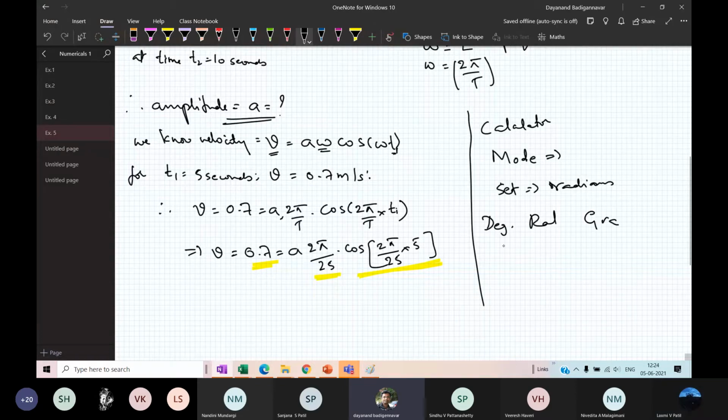So you get 1, 2, and 3. You press the 2 button. Once you press the 2 button, you get the value properly. That means it is set for radians. If you set for radians, then only you get the right answer. Otherwise, if it is in degrees, it will give you a wrong answer.